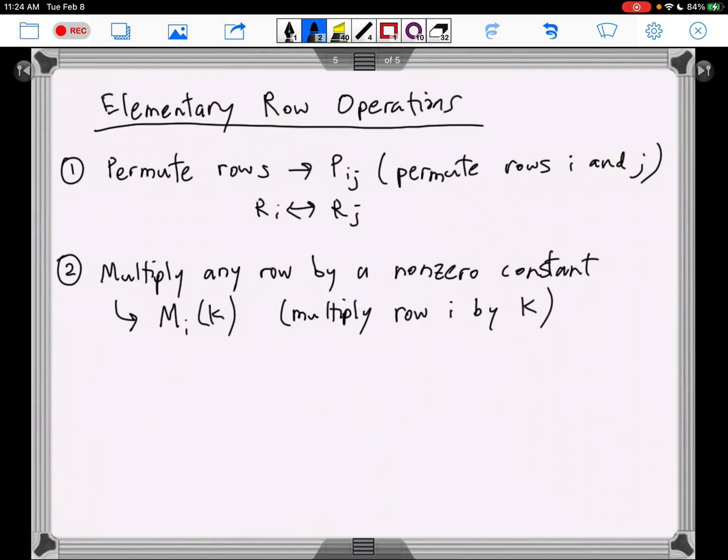Multiply the ith row by k. So that means that k times row i becomes the new row i.